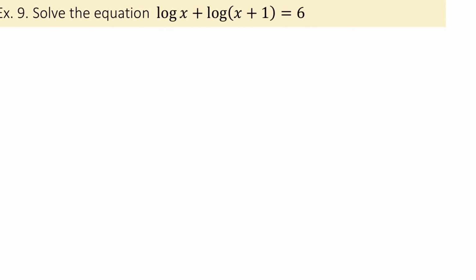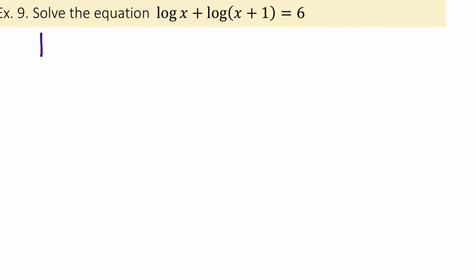Okay, so we got this example. Solve the equation log x plus log x plus 1 is equal to 6. So these are log base 10 since the base is not written. These are going to be related by the plus sign here, so we're going to create a product to simplify our log.